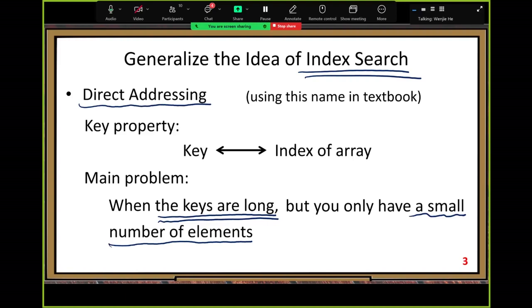In that situation, you have a big problem. The problem is this method wastes a lot of memory space. That's the main problem.